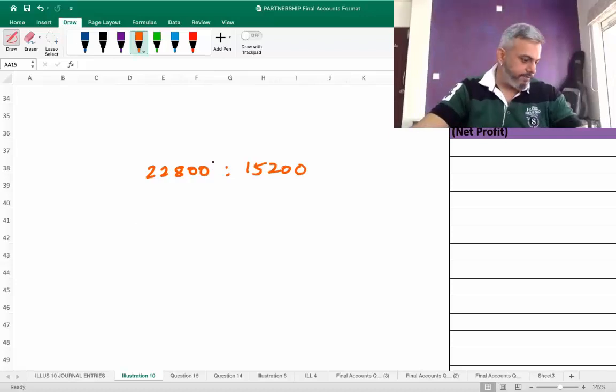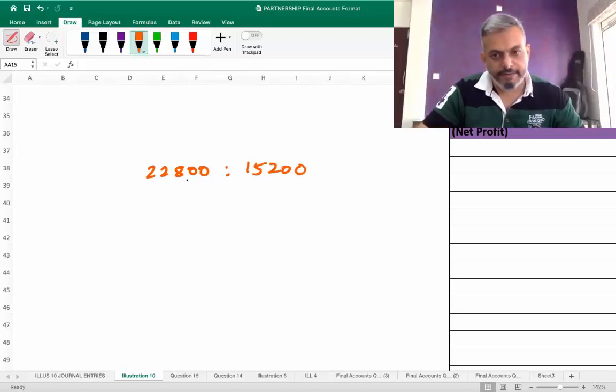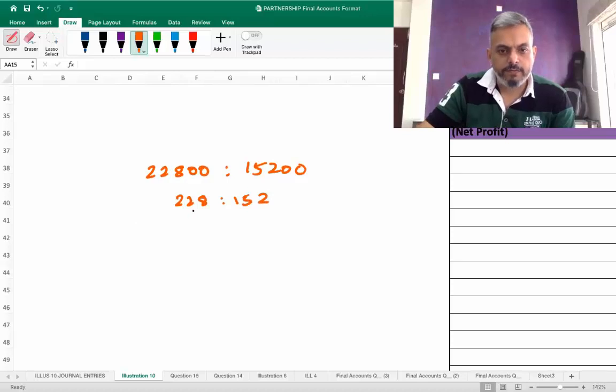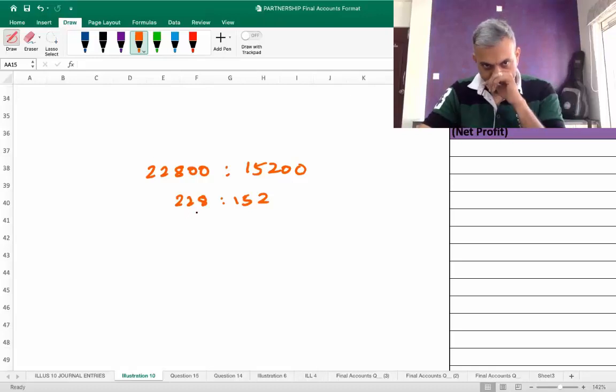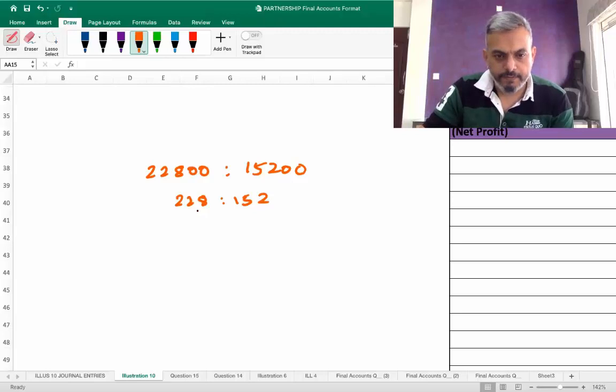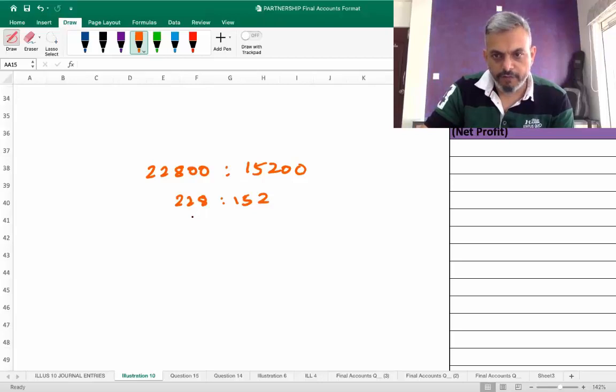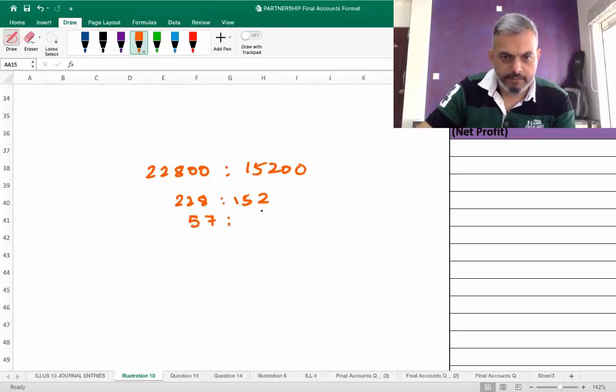Take a calculator and calculate and tell me the ratio. 228 is to 152. 4 sevens are 28, 4 fives are 20, and 4 threes are 12.